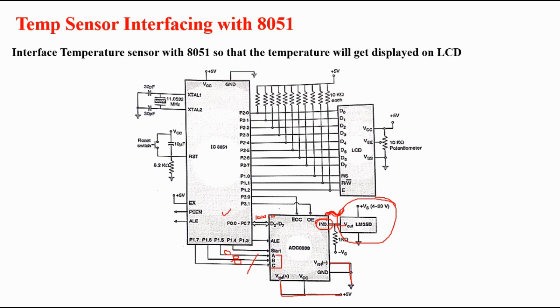When you connect V reference positive to 5 volt, we are telling the analog to digital converter that whatever signal is appearing at this point, the maximum amplitude of that signal is 5 volt and the minimum is 0 volt. So your signal will remain within that range only.